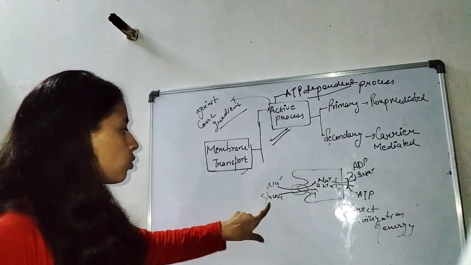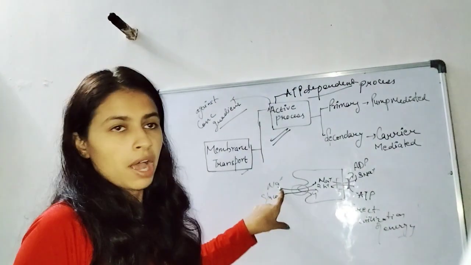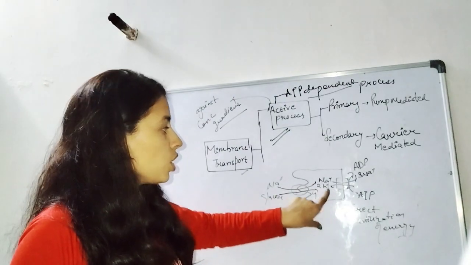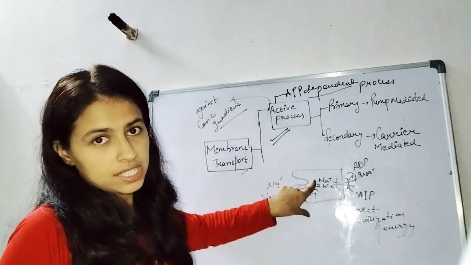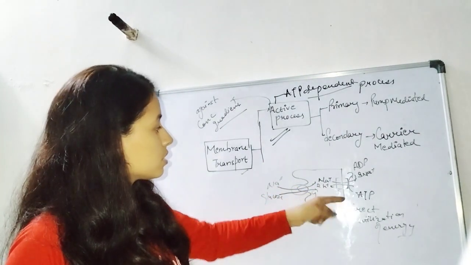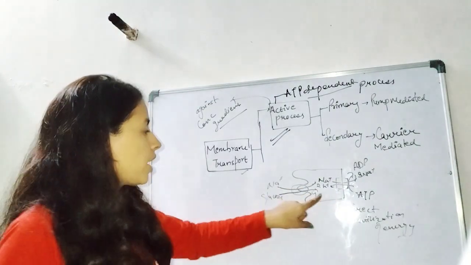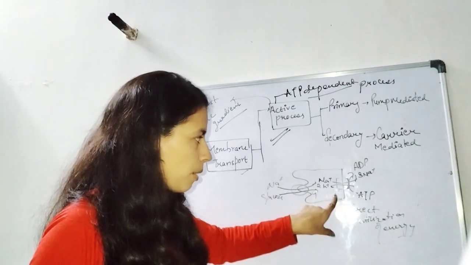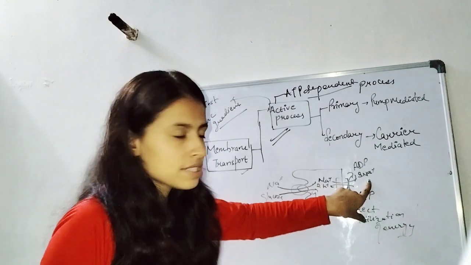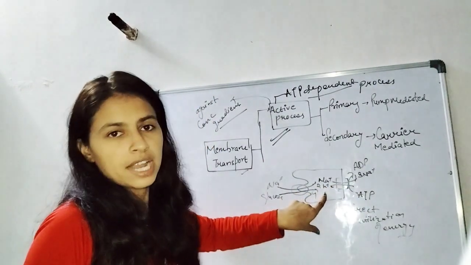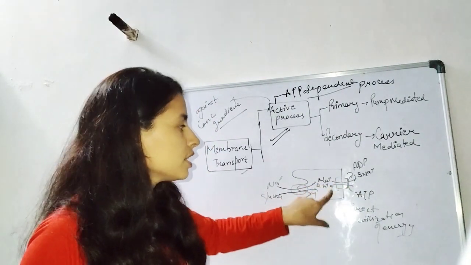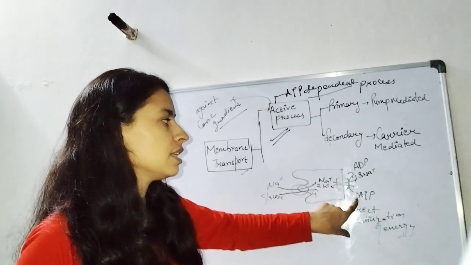First of all, the glucose moves along with sodium ion inside the cell, so the sodium ion concentration increases inside the cell. So we perform the sodium potassium pump. When we perform it, three sodium ions move outside the cell and two potassium ions move inside the cell. During this whole process, we utilize ATP.